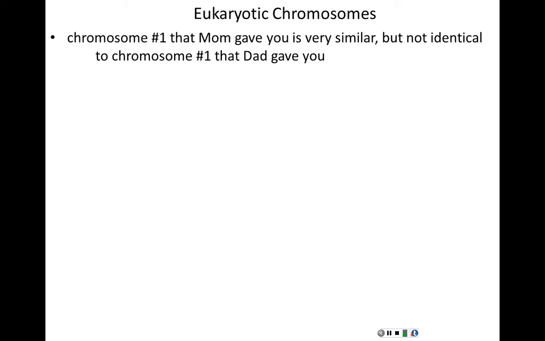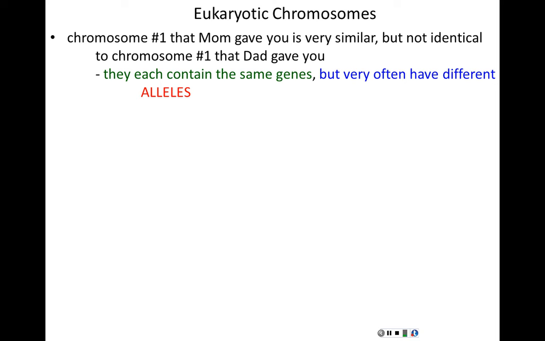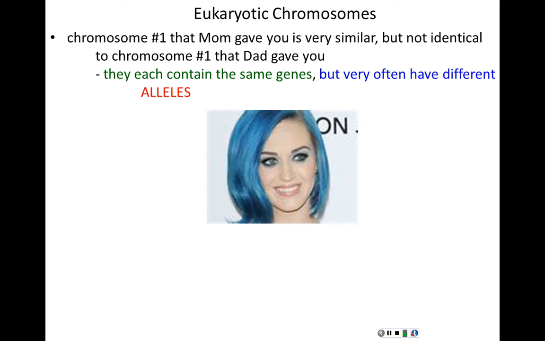The chromosomes that your parents gave you for chromosome 1 are very, very similar, but they're not necessarily identical. Each of them contains the same genes in the same place. Remember what genes are. Genes are things such as hair color, eye color, the quality of your vision, etc. But they could, by they I mean the chromosomes that your mother and father gave you, they could have different alleles, different versions of those genes.